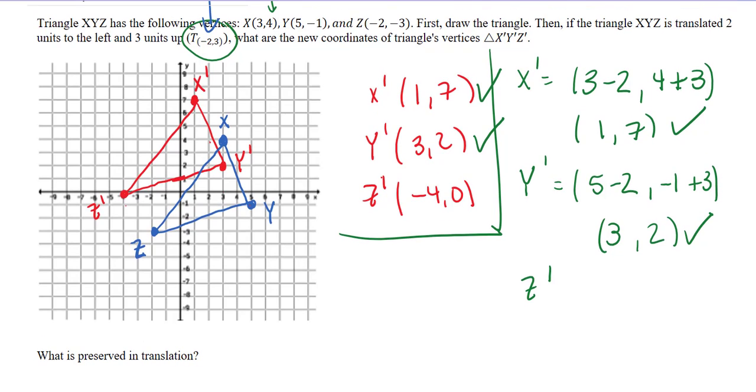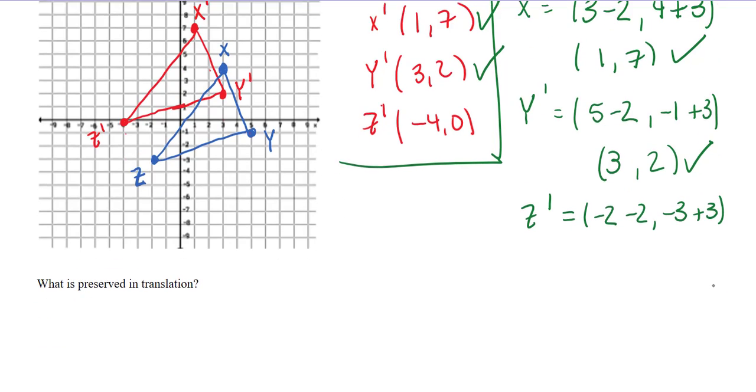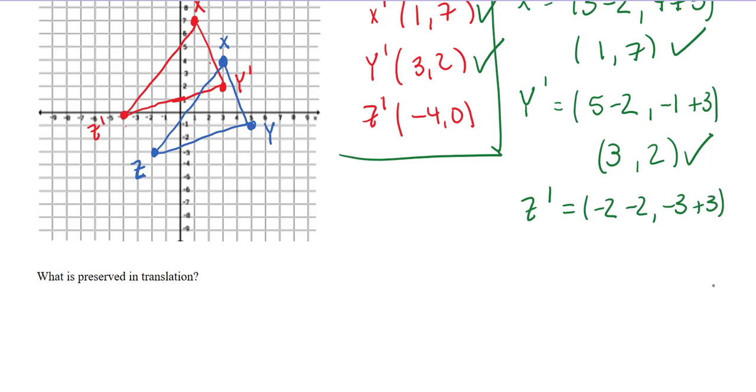Z was (-2, -3), so -2 minus 2 and -3 plus 3. For -2 minus 2, we can think of this as 2 plus 2 and keep the negative sign, so that's -4. And 3 minus 3 is 0. We also check that out.